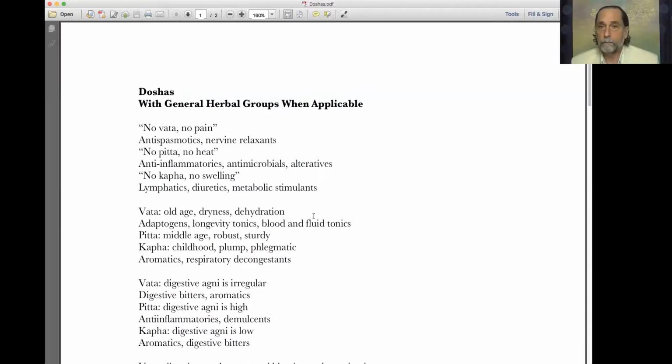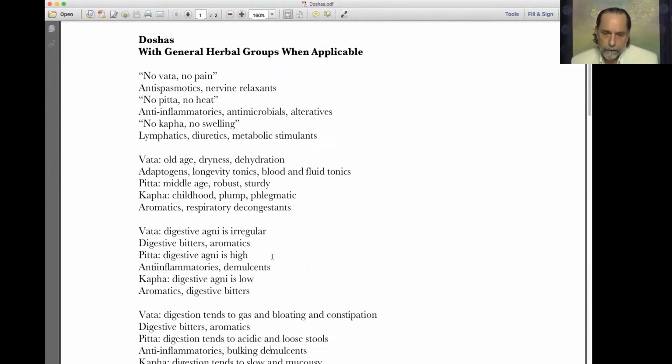So vata, old age and dryness and dehydration, and these are adaptogens, longevity tonics, blood and fluid tonics that are used primarily. Pitta, middle age, robust and sturdy. I didn't put anything in here because that's actually a fairly healthy kind of situation. Pitta people tend to heat and inflammation. And so no pitta, no heat, that group would be applicable.